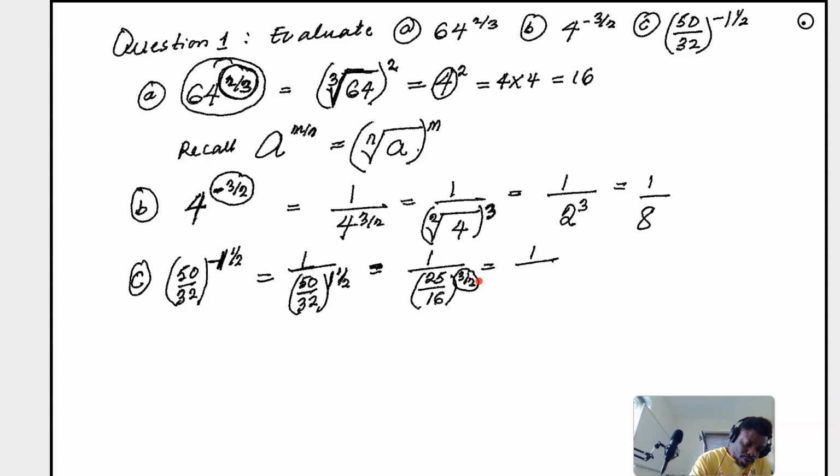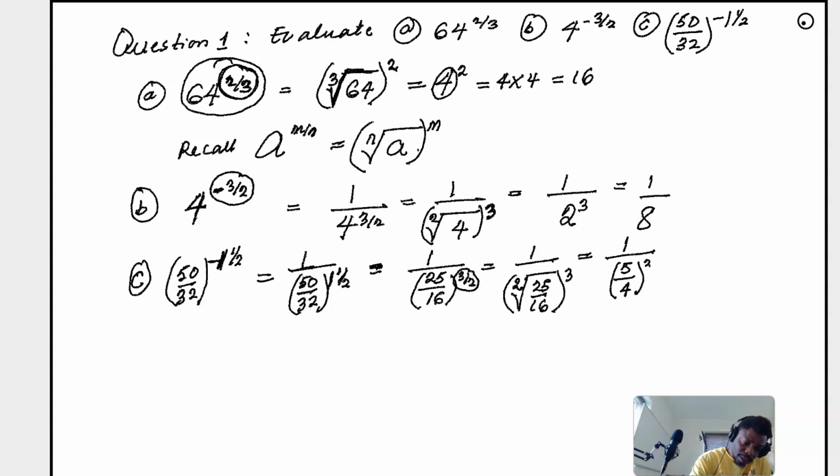In this case, your 3/2 is the same thing as what we did here. So your denominator is 2, that means 2 as the root of 25/16. Then 3 goes outside, just the way we did this one here. So 1 over. What is the square root of 25? That is 5. What is the square root of 16? That is 4.